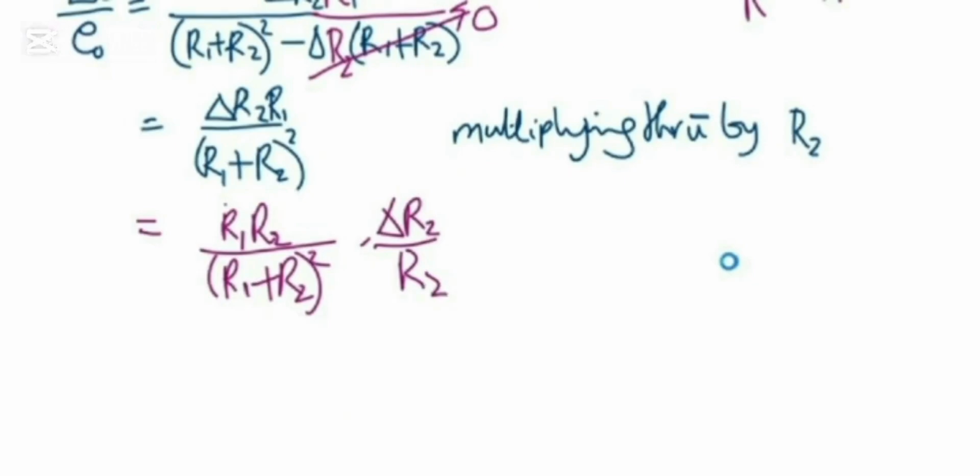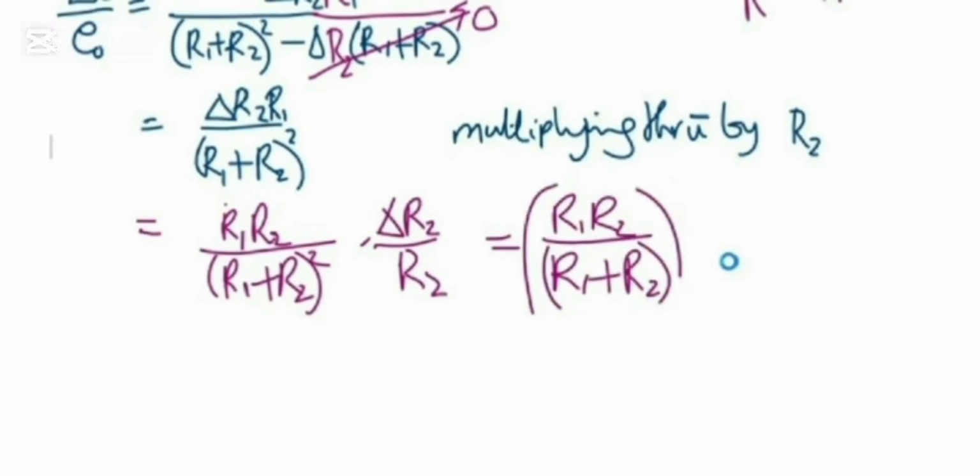Remember, changing R2 all over R2 is the same thing as what? Sensitivity multiplied by the strain value. So we'll have it this way. This component we call circuit sensitivity. That's the potentiometric circuit sensitivity.